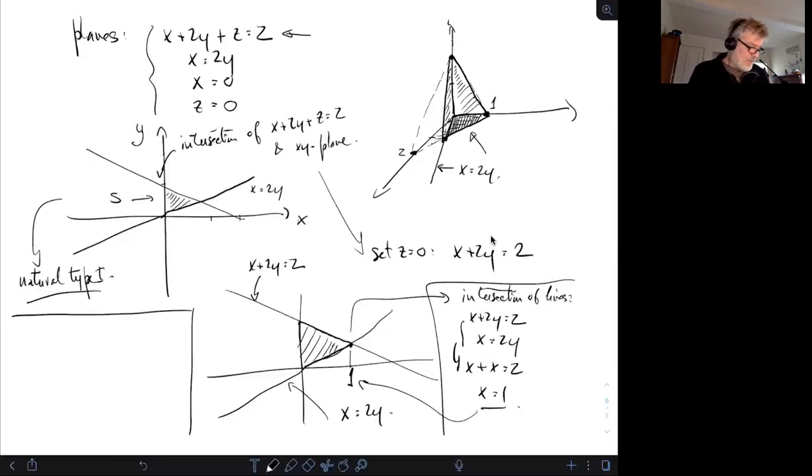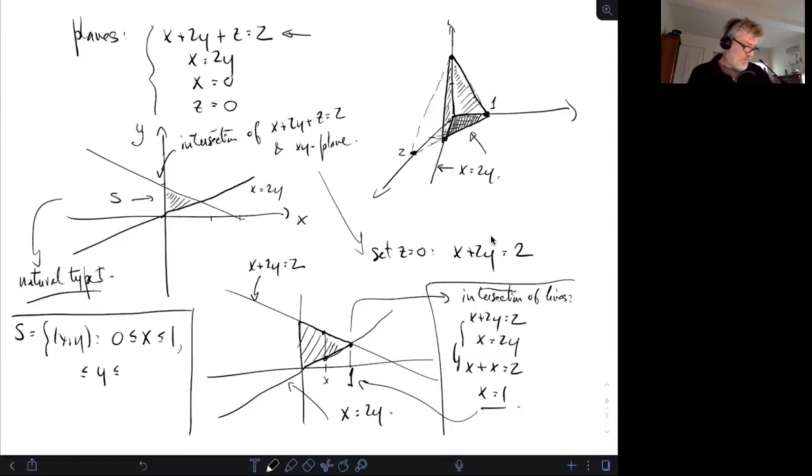But so as a type 1 region, S, this triangle, that's the set of all points such that x is between 0 and 1. And what is y? If you fix a value of x, you want to know what is bounding the values of y.